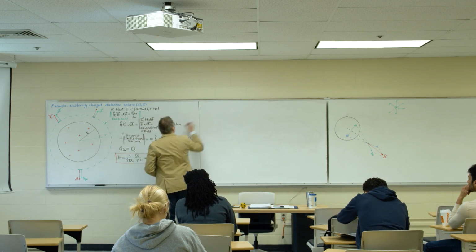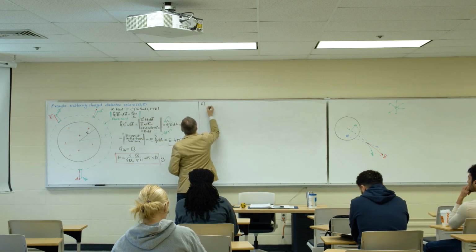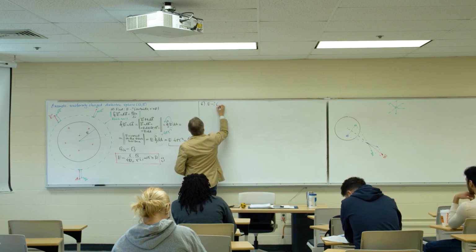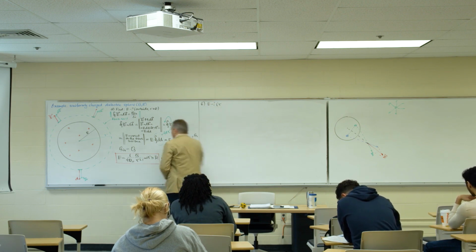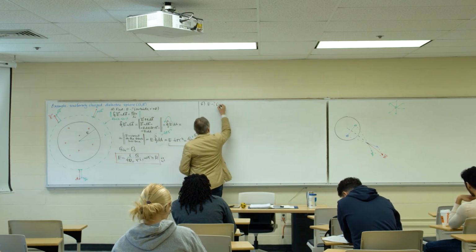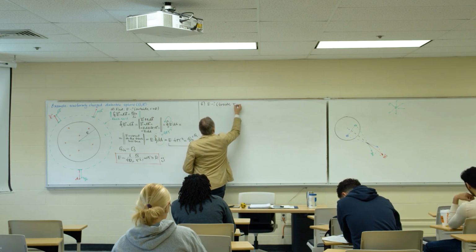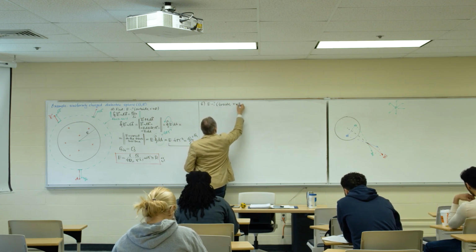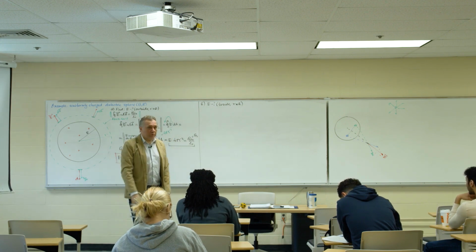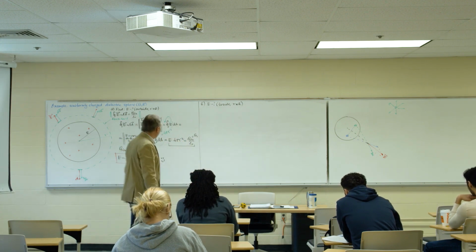Let's find the electric field inside. So now we need to find the electric field when r, let me write over here, inside, when r is less than or equal to R capital. And of course, there will be again Gauss's law.